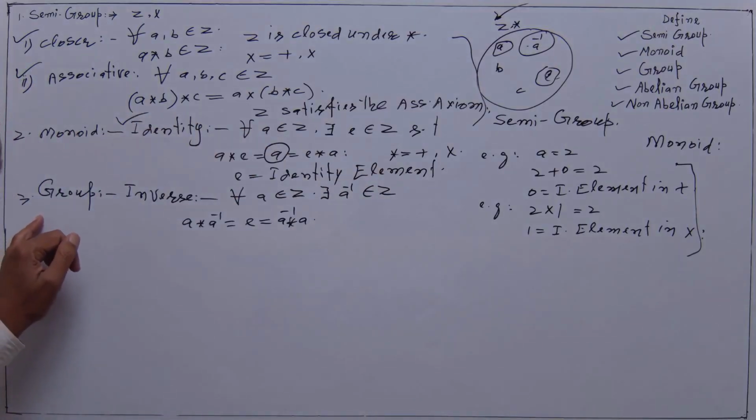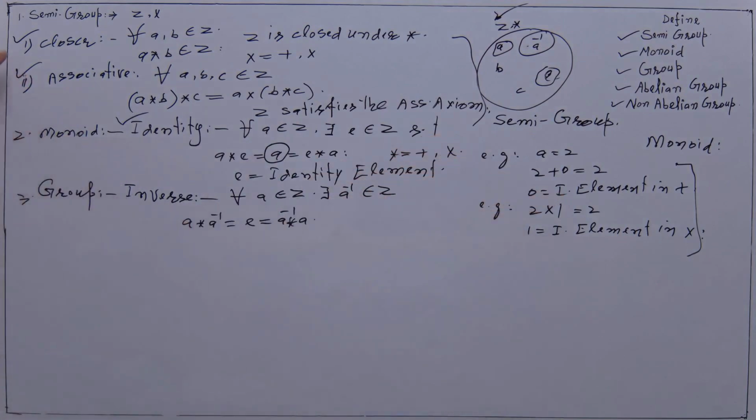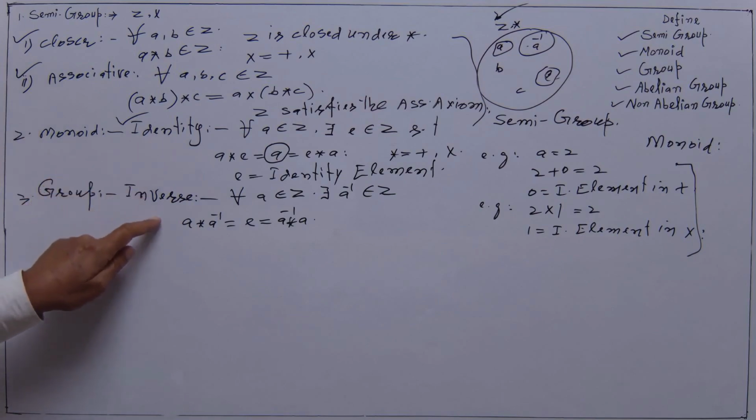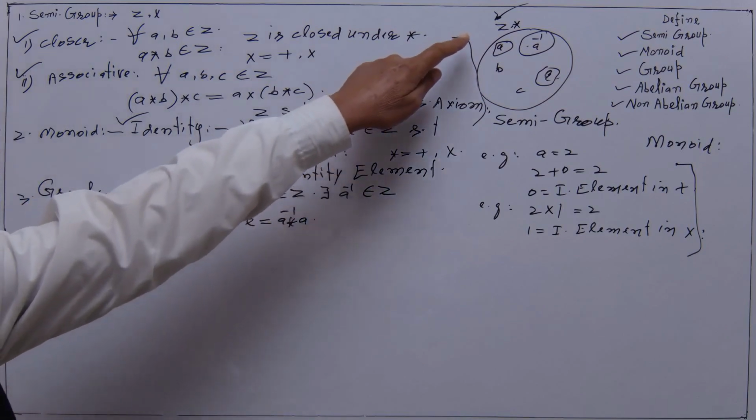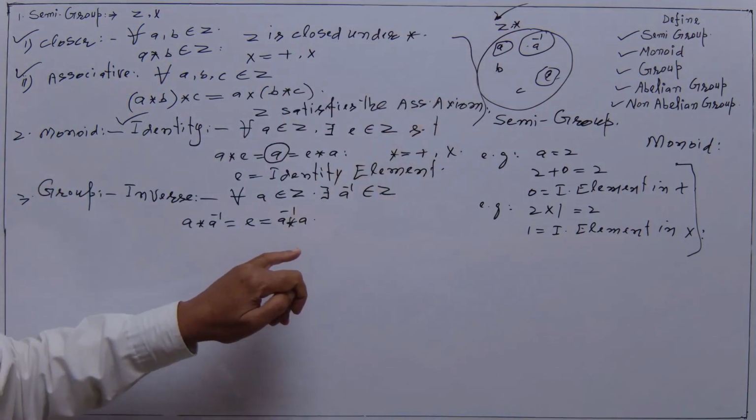Next is group. In addition to these three axioms, if one more axiom, the inverse axiom, is satisfied, then the given set G equipped with the star is called a group.